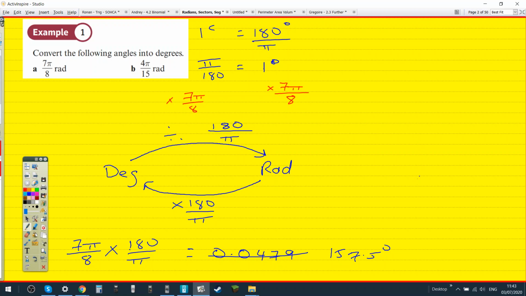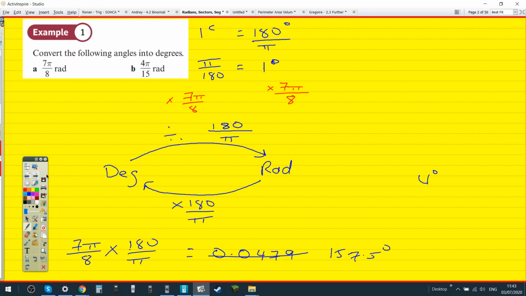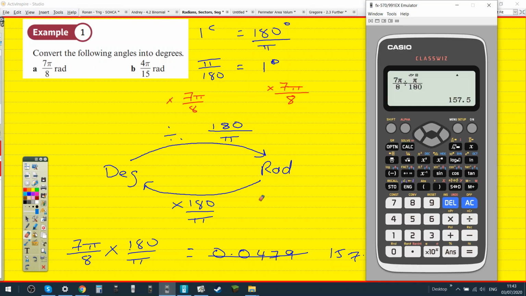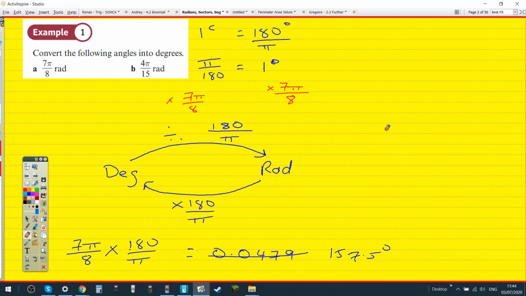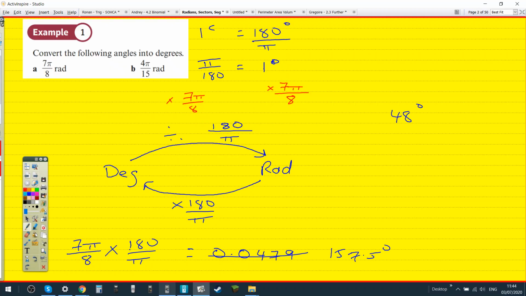So that one is 4 degrees. What? Oh. What did you put into your calculator? The wrong number. Okay. I put 4 over 180 rather than 15. Yes, 48. 48 degrees. Okay. There's a reason why I'm so bad at this.